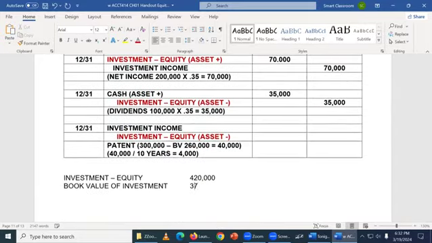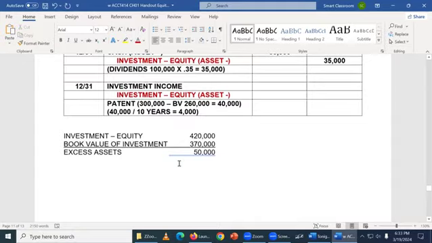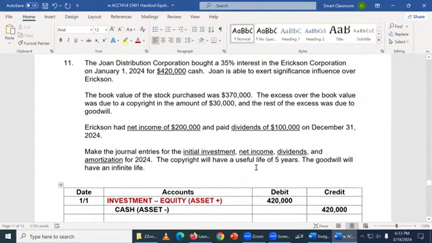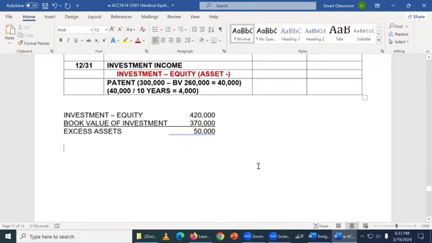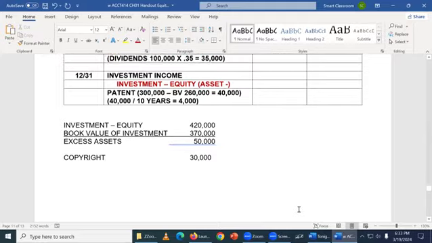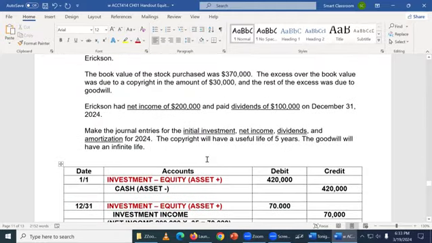And they tell us that that excess is a copyright for 30,000 and the rest of it was goodwill, right?